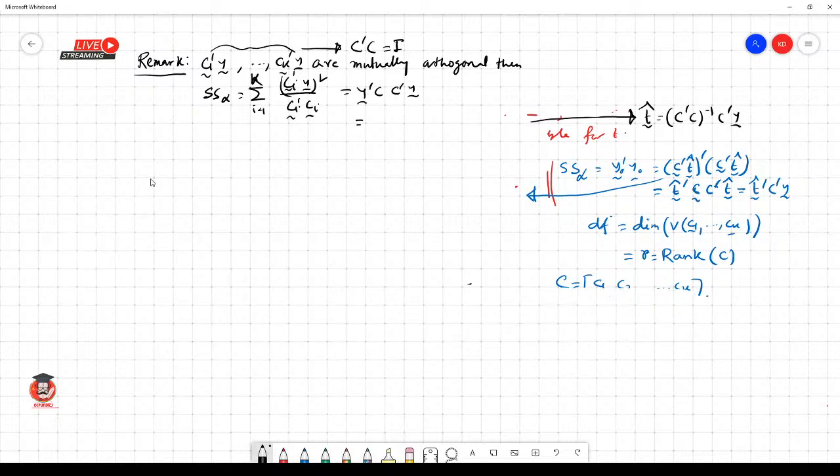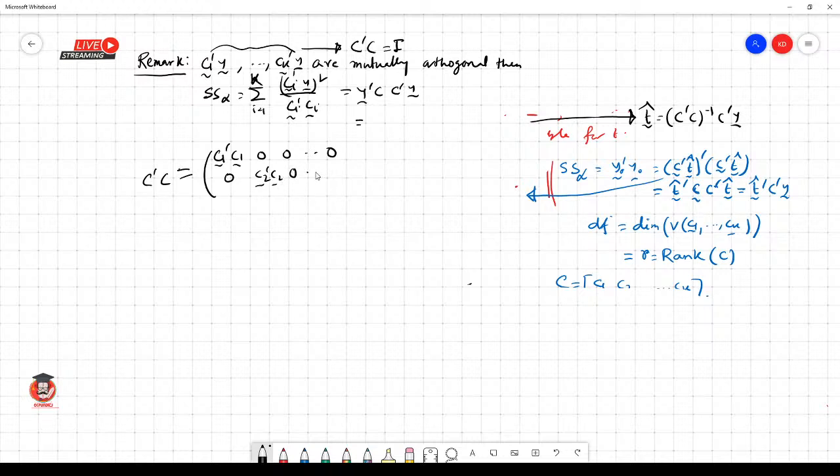See that C prime C is equal to a diagonal matrix C1 curl prime C1 curl, C2 curl prime C2 curl, because this is just orthogonal.